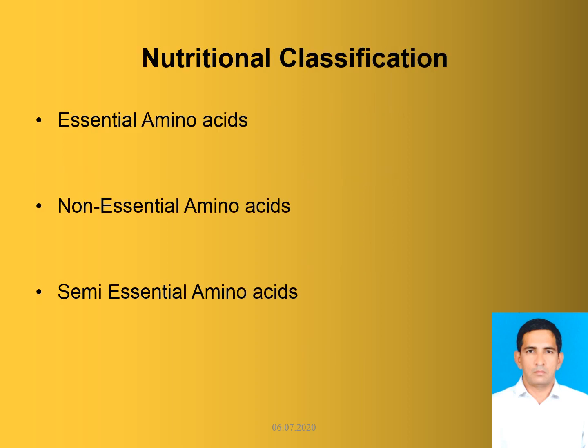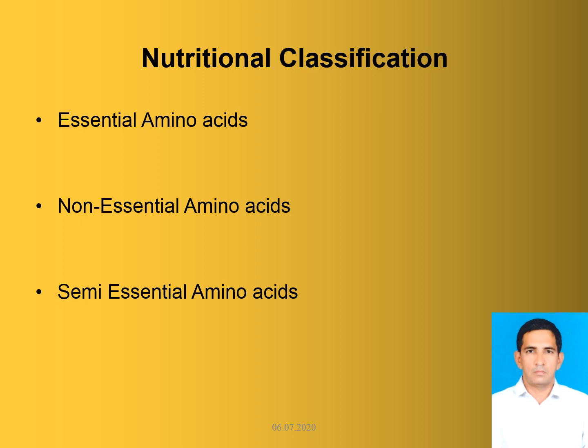Nutritional classification. Essential amino acids. Amino acids are organic compounds composed of nitrogen, carbon, hydrogen, and oxygen, along with a variable side chain group. Non-essential amino acids.